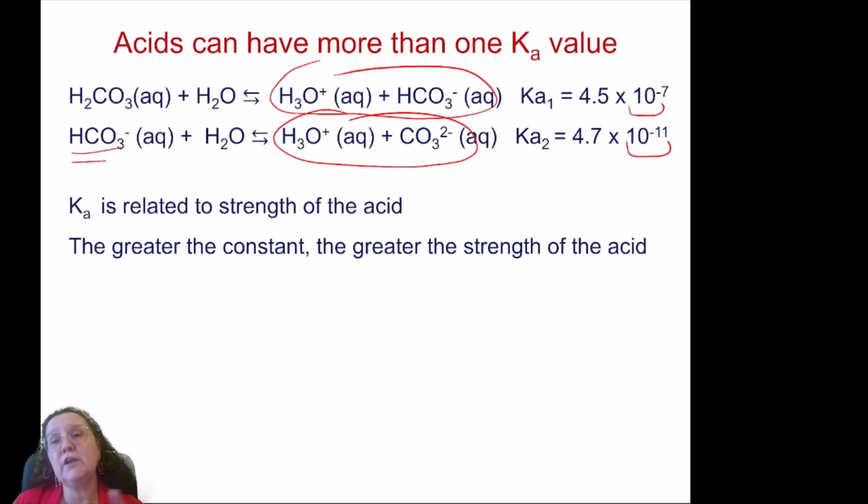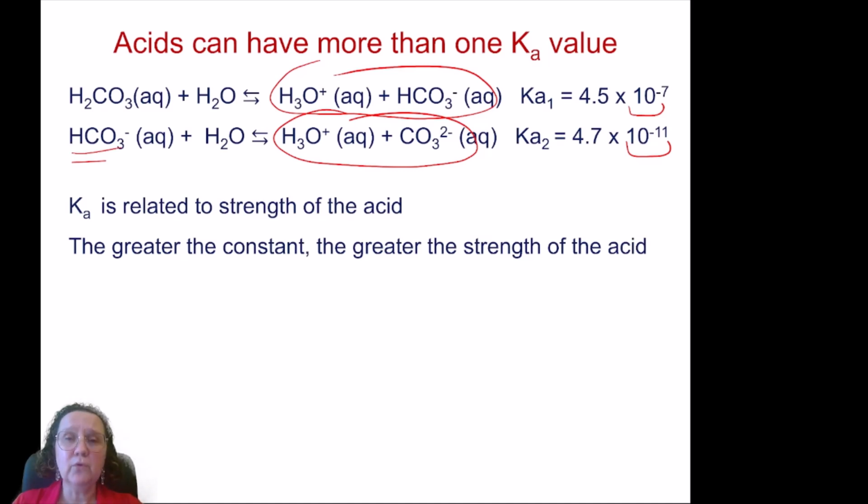So you can compare the acidity constants, and the one that has the largest constant is the stronger of those acids. And this pattern, that the first acidity constant is larger than the second one, and you will see later on the second one larger than the third one, etc., is quite common.